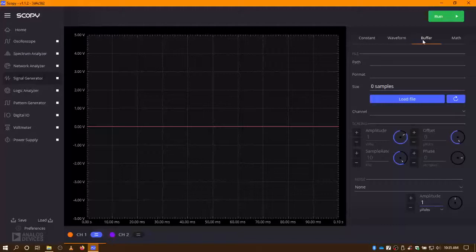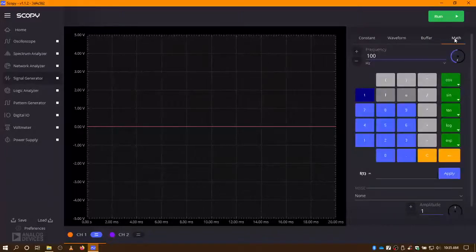Also, you can read in, I believe, common delimited files that you can generate from Matlab, so you can put in your own complex waveform. And finally, math. So you can actually enter an equation here to generate a signal. So those are the 4 kinds of signals that the M2K can generate.